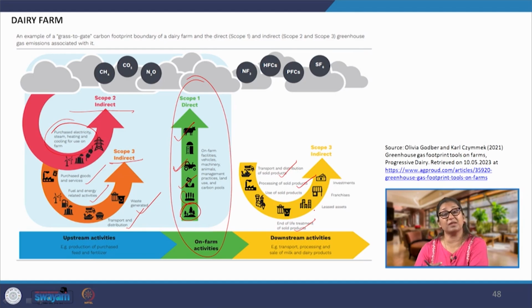There could also be franchisees, as we have already talked about, where the facility is being owned and maintained by somebody else. It is just that the products are being sold. So, part of those emissions will be counted towards the GHG emission scope 3 for this particular company. So, these are all the scope 3 indirect emissions that we are talking about for a dairy farm.